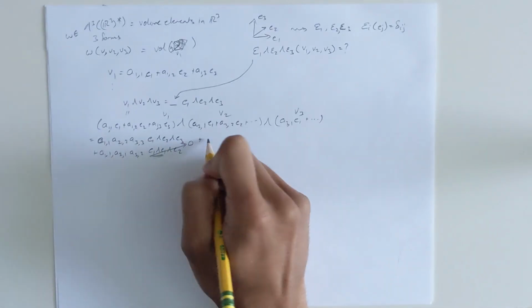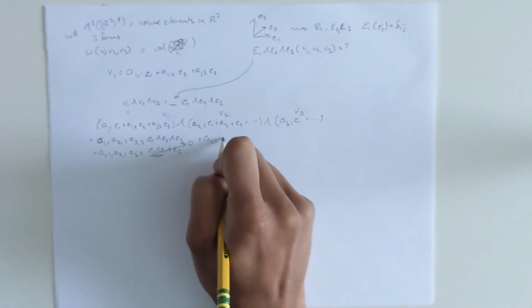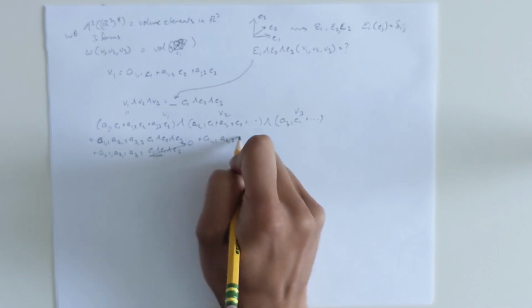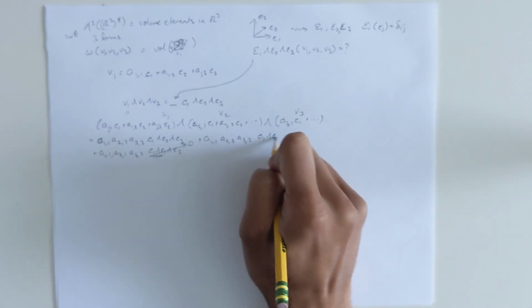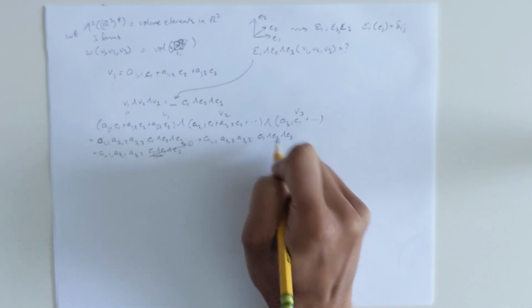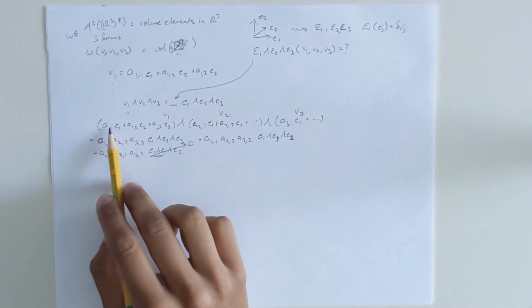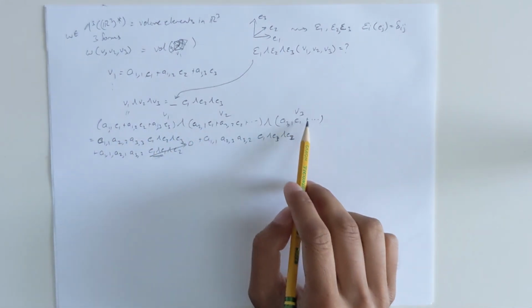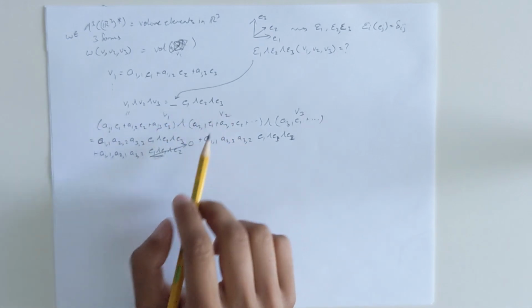But you might also get terms like A11, A23, A32, E1 wedge E3 wedge E2, which comes from taking the first term here, the third term here, and the second term here. But then this is not exactly E1 wedge E2 wedge E3.